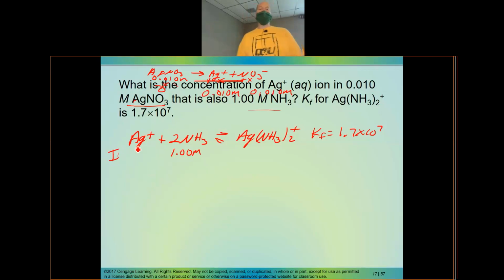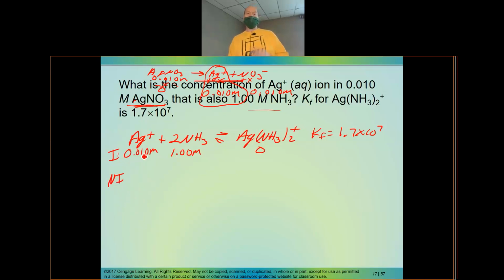And so when you're writing your initial concentration of Ag plus, it comes from the soluble AgNO3 of 0.010 molar. And we did not add any of our complex ion. And the Kf value is very large. So again, if we do not have a 0 on the left side, this thing goes completely to the right until one or both of my reactants are 0. And so we have to go to a new initial.